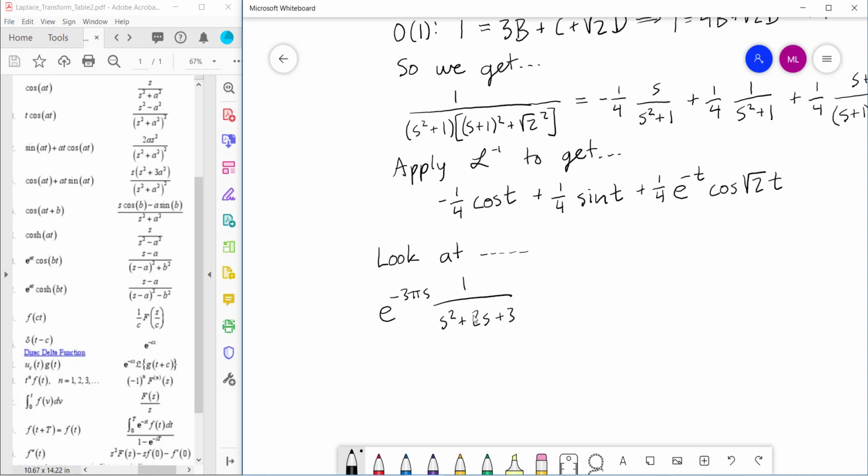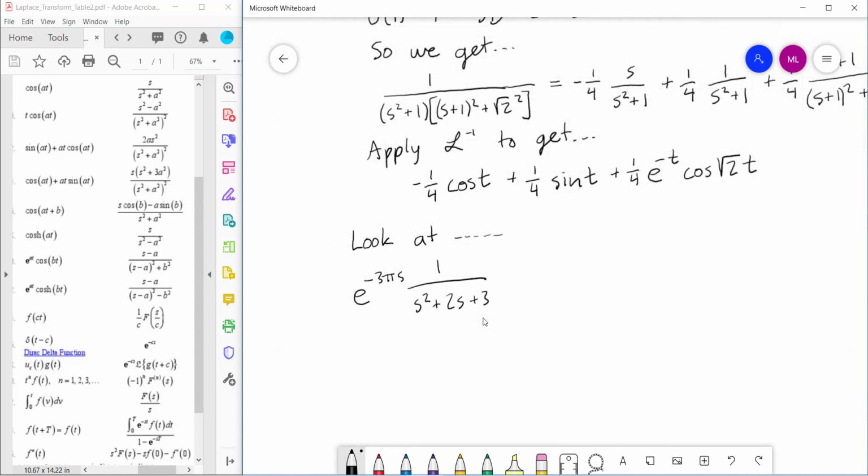We've already completed the square on this denominator, so this looks like e to the negative 3 pi s times 1 over s plus 1 squared plus root 2 squared.